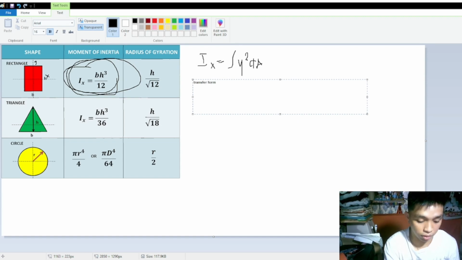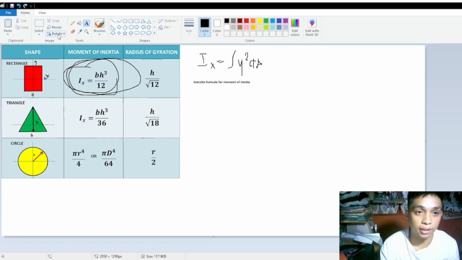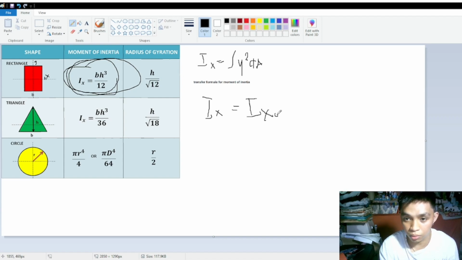That formula is Ix equals the moment of inertia about the centroidal axis, let's denote that as Ixo, plus the area of the shape, rectangle, triangle or circle, times the distance squared.